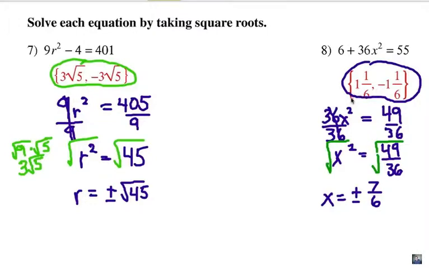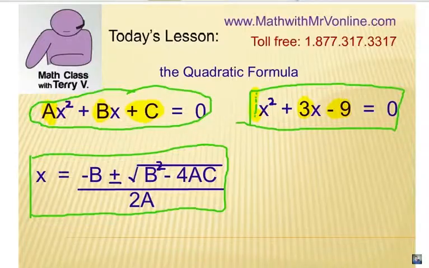It's nice when you don't have a first degree term in your quadratic, and then you can try to take a square root. Now let's go to the quadratic formula. Just a reminder that the quadratic formula can be used by first putting the equation in standard form, which looks like this, and then we can find the a and the b and the c values to plug into this quadratic formula.